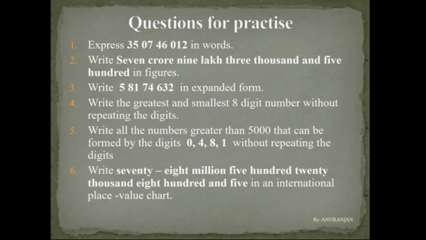Write the greatest and the smallest 8-digit number without repeating the digits. Write all the numbers greater than 5,000 that can be formed by the digits 0, 4, 8, 1 without repeating the digits. Write 78,520,805 in an international place value chart.